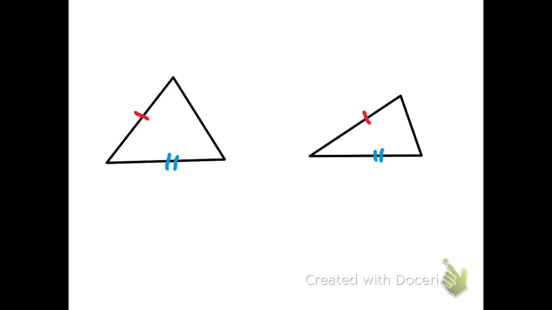So notice that we have to have two triangles here, and we're comparing different parts. But we start with the information that two sides of one triangle are congruent to another pair of sides, which leaves an unknown third side.